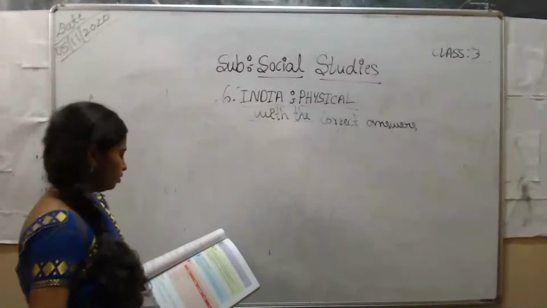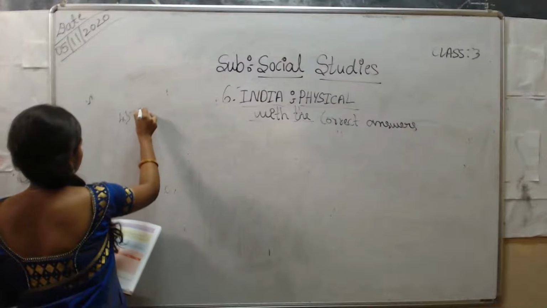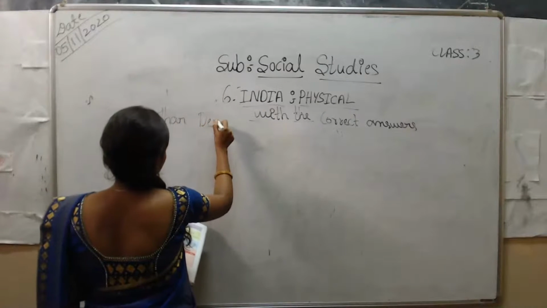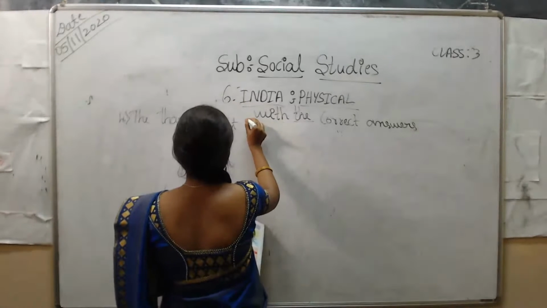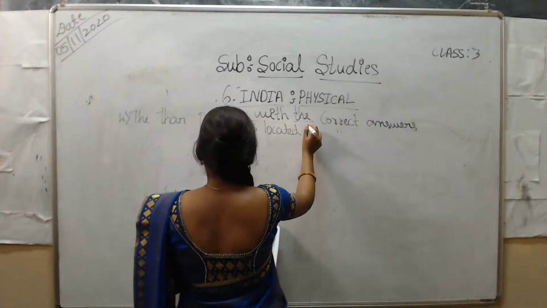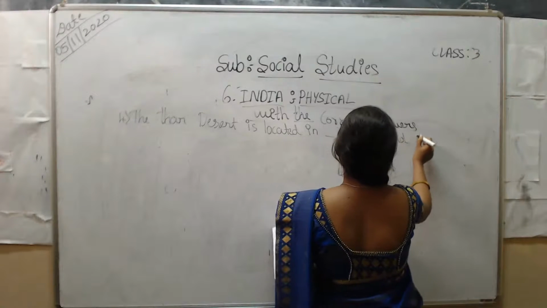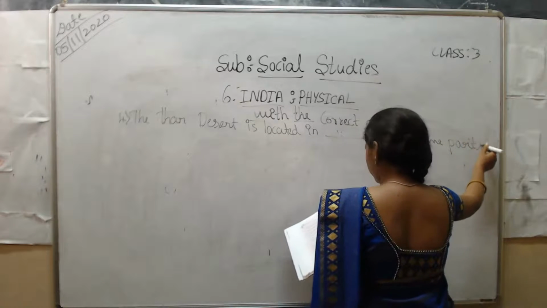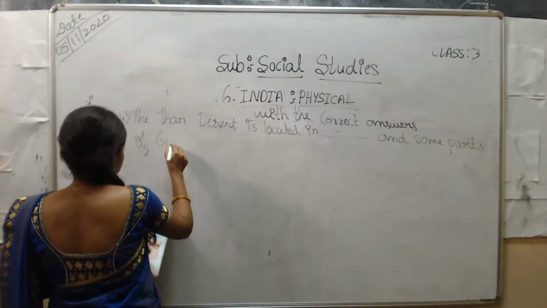Then the fourth question, the Thar Desert is located in dash and some parts of Gujarat.